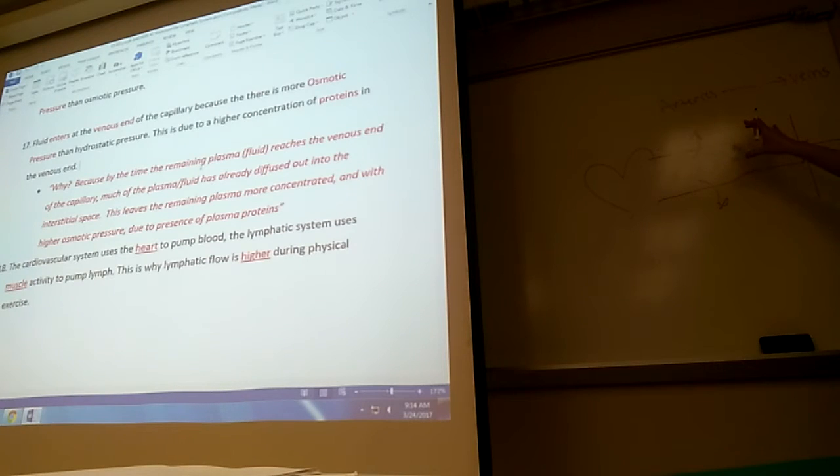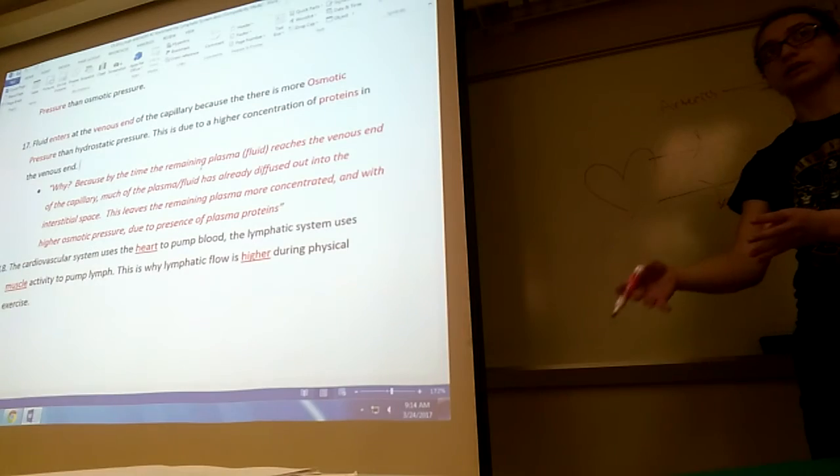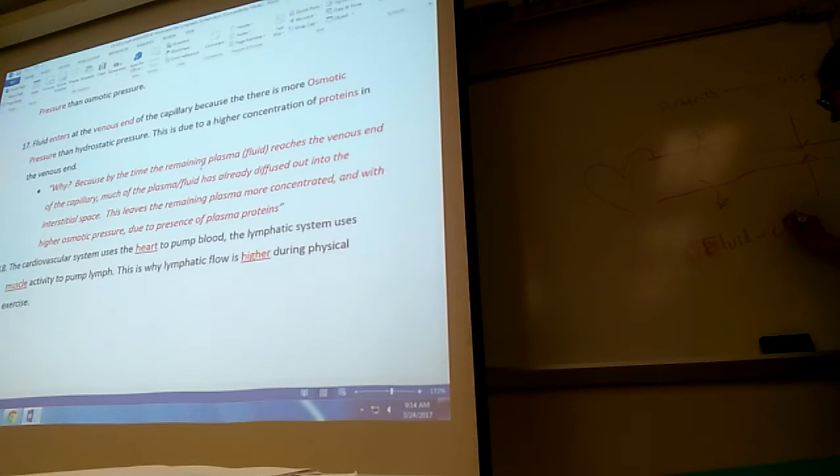The fluid movement changes throughout your body, but what is one thing that doesn't change? You have your fluid, and then you have your plasma proteins. Fluid movement fluctuates, but plasma proteins are the same. At least they should be.